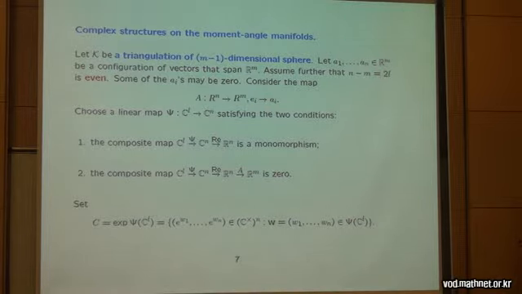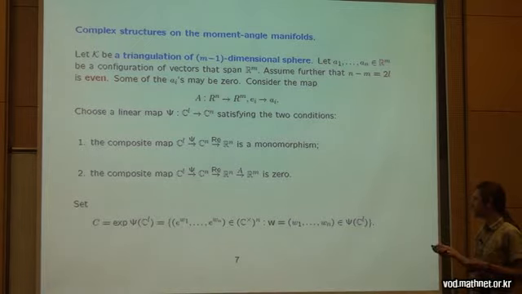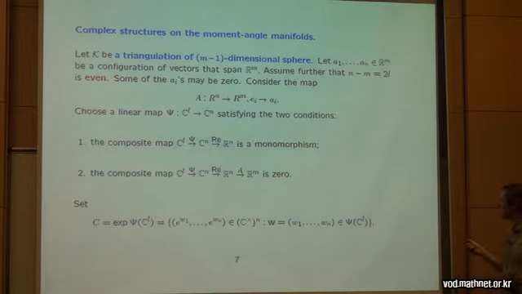Let K be a triangulation of our sphere, and let a_1, ..., a_n be some vectors, and assume also that n minus m is even; we suppose that it is equal to 2l. Okay, and we have a linear map that sends the basis element e_i to the vector a_i, and now we need to choose a linear map psi from C^l to C^n satisfying these two conditions.